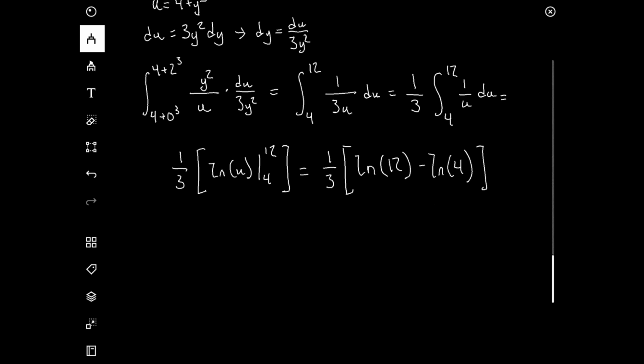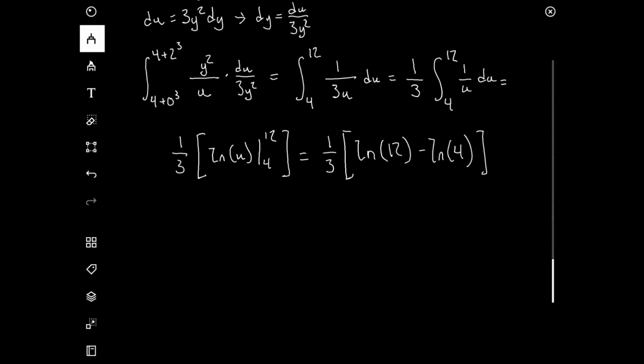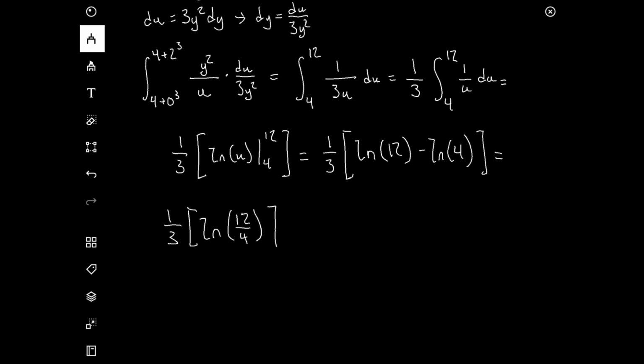We know that when we subtract natural logs, we can divide the insides of the logs. 12 divided by 4, which then simplifies to natural log of 3, divided by 3.